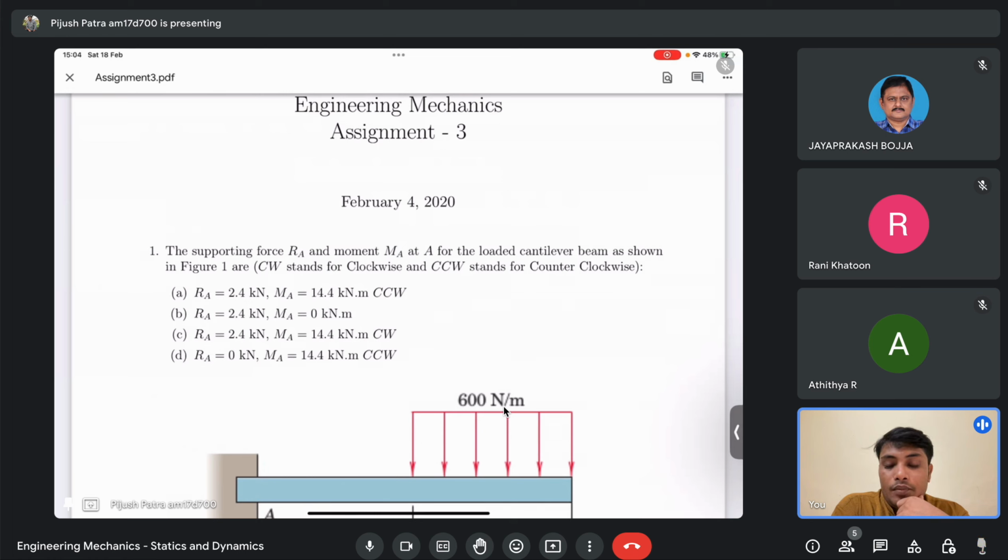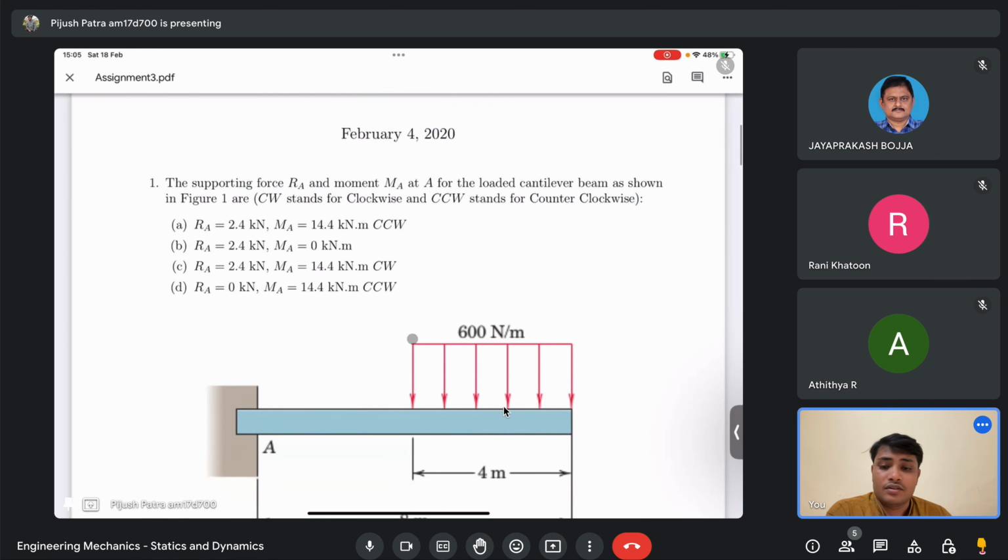You only have to analyze the free body diagram of the given system, and then calculate the reaction force or the reaction moment, all this simple thing. So let me first go through the first problem.